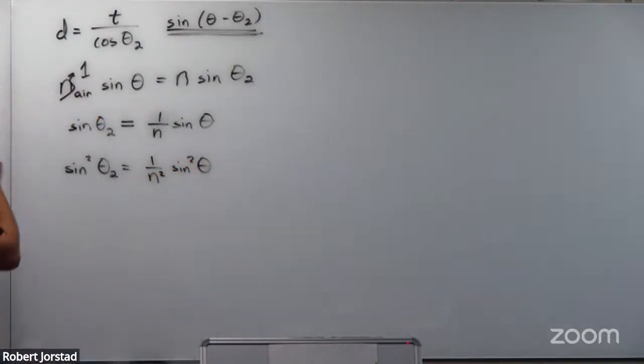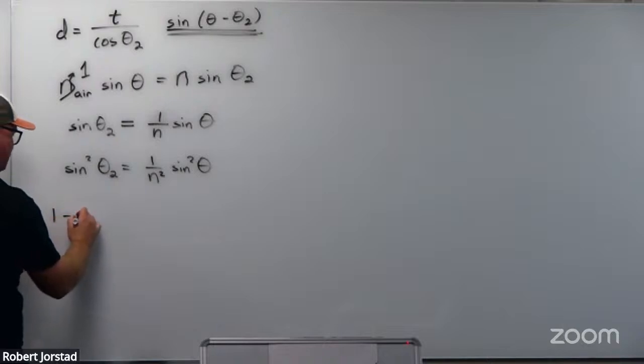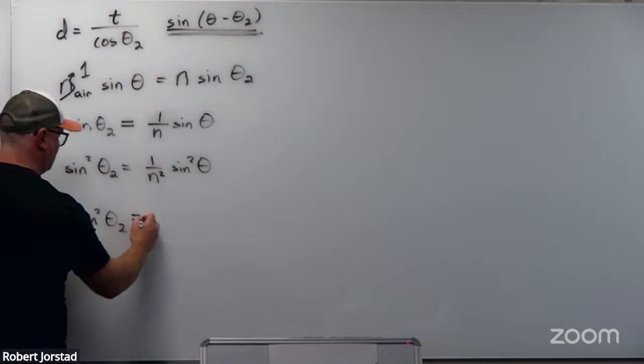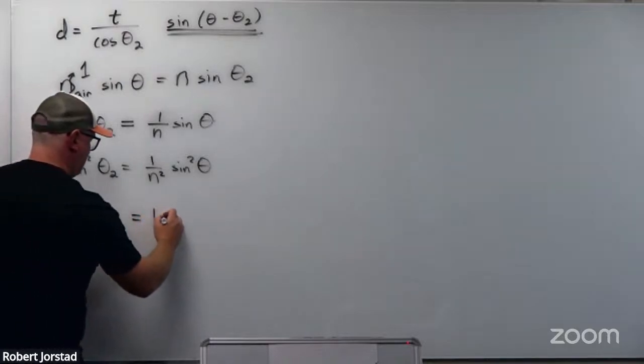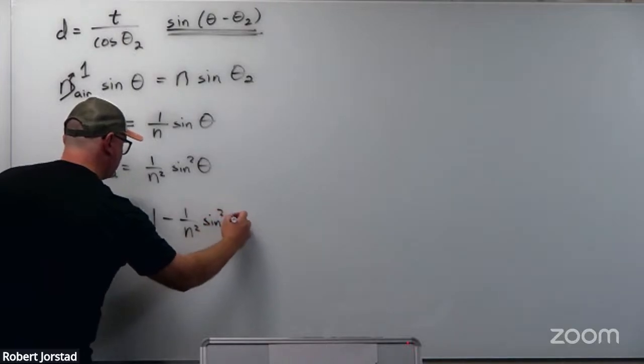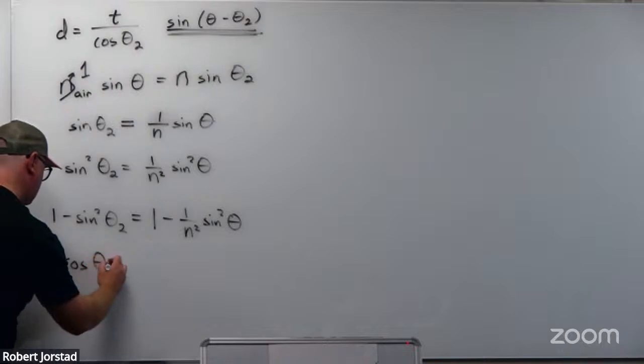I'm trying to figure out what cosine of theta 2 is, and you'll see why in a minute. So 1 minus sine squared theta 2 equals 1 minus 1 over n squared sine squared theta. Well, isn't that cosine squared theta 2?